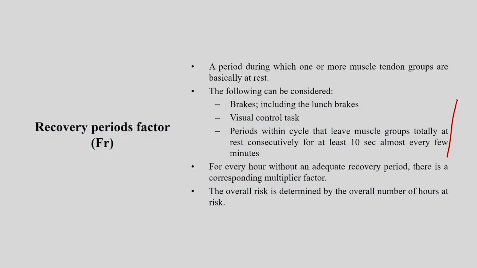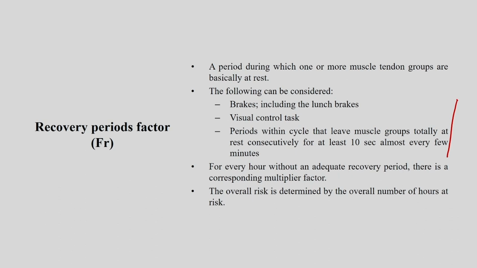For every hour without an adequate recovery period, there is a corresponding multiplier factor. So, for each case you have a corresponding multiplier factor. The overall risk is determined by the overall number of hours at risk.